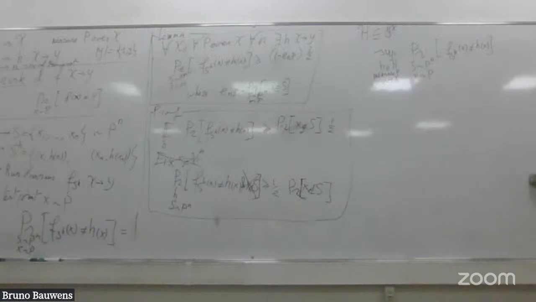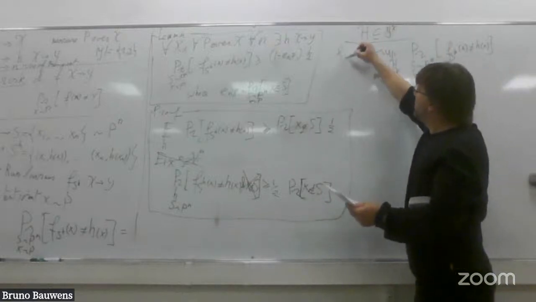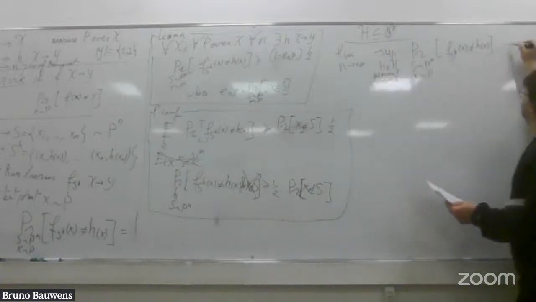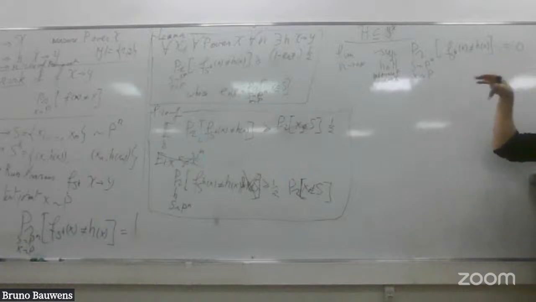Okay, and we can say that the class H is good when we take the limit over n, and this goes to 0. Then we can say that our class is learnable on average.